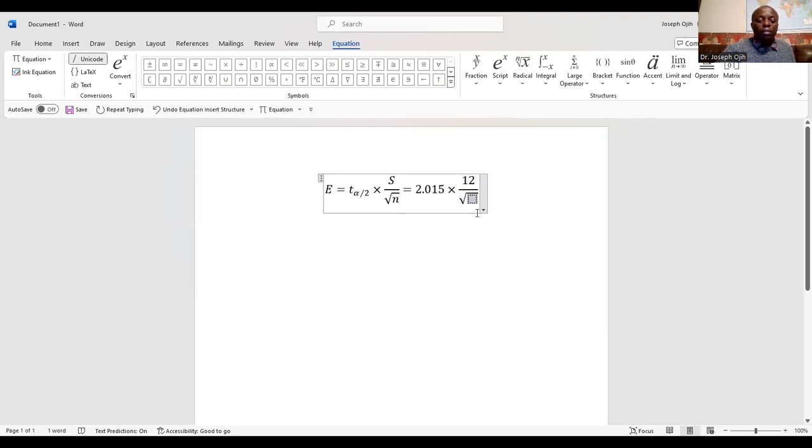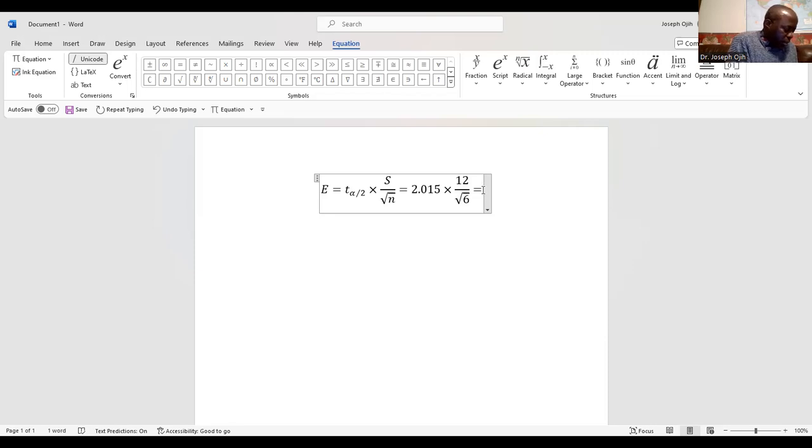So I'll write this down: 2.015 times 12 over root 6. That will give us the result. Let's put this on a calculator.